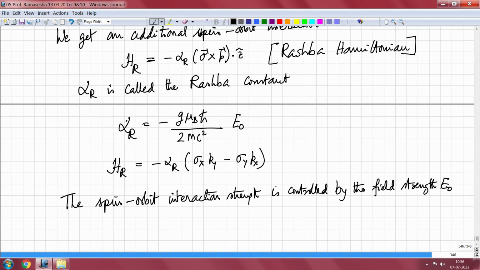So, supposing you were to apply an external field, you can apply a very strong field or a very weak field, and thereby the splitting between the different spin states is controlled by an electric field. And this is very important for spintronic applications, because in spintronics you want to adjust the gap between the two different spin states by varying the electric field, and that is possible with this.